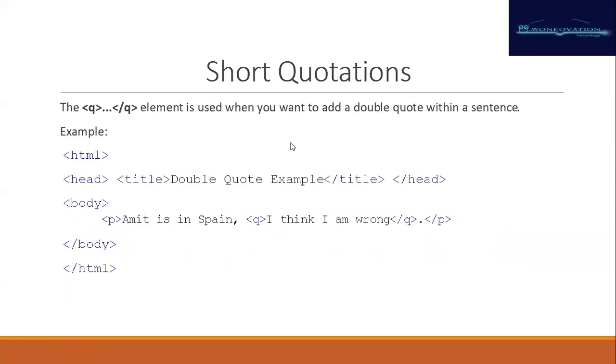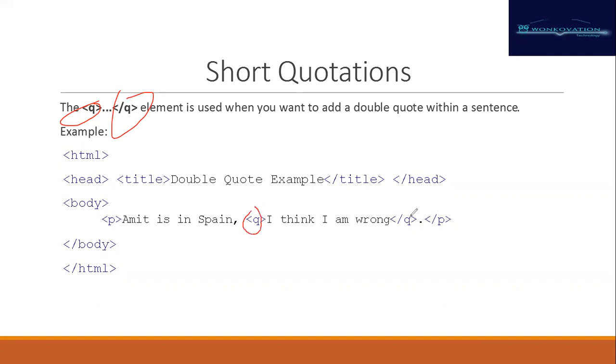Now, short quotation. What is the use of short quotations? The short quotation is used to add double quotation marks within a sentence. Earlier, we would type the double quotations ourselves. If we want the browser to put the correct quotation marks itself and give importance to that text, we use the Q tag. It also has a closing tag. How can we use that?